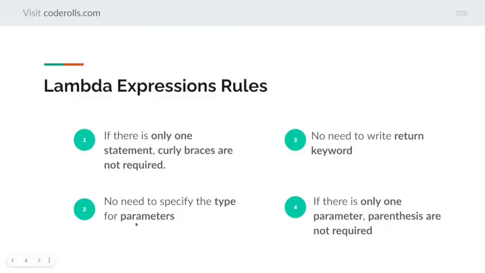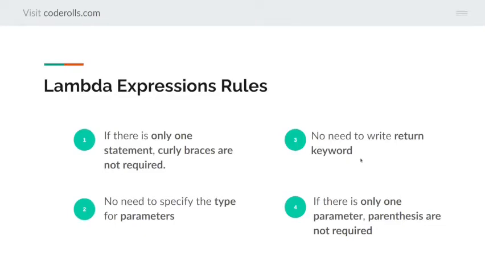There is a concept called type inference, and it will automatically detect the type for the parameter, so we need not specify it. The third rule is, no need to write the return keyword.